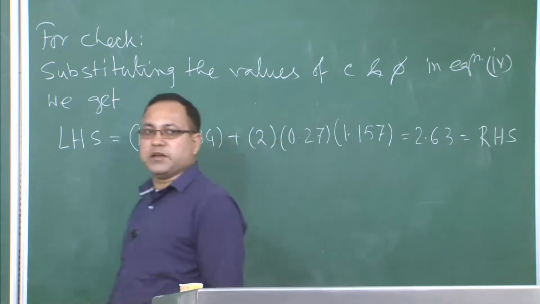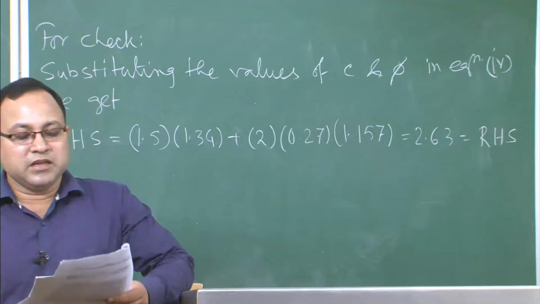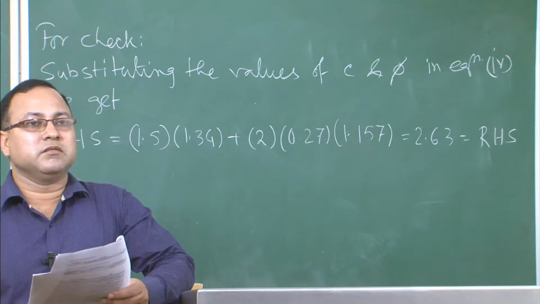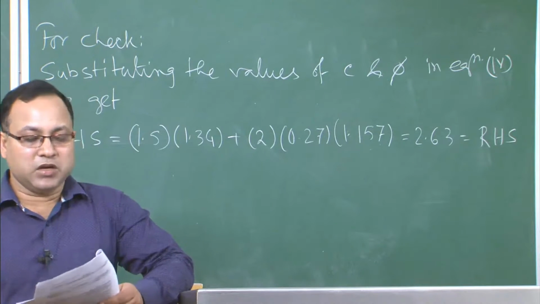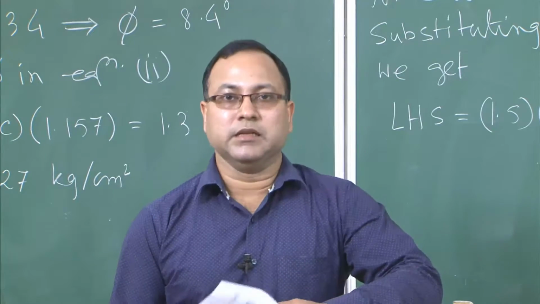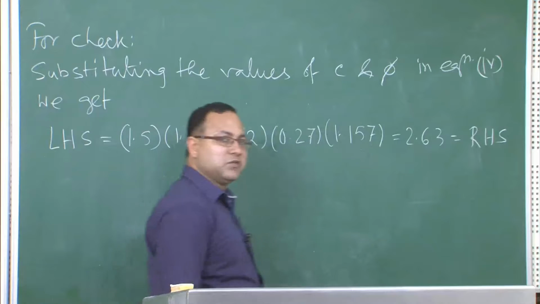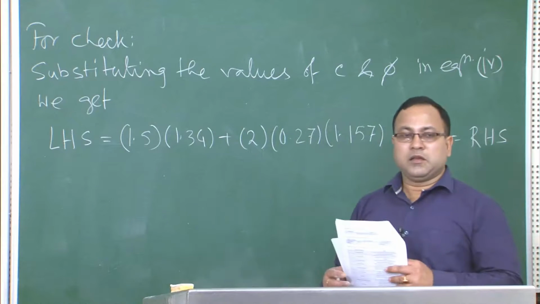So, it is getting satisfied. That means the shear strength parameters for this problem are c equal to 0.27 kg per centimeter square and phi equal to 8.4 degree. Okay. So, you have got the shear strength parameters for this problem.